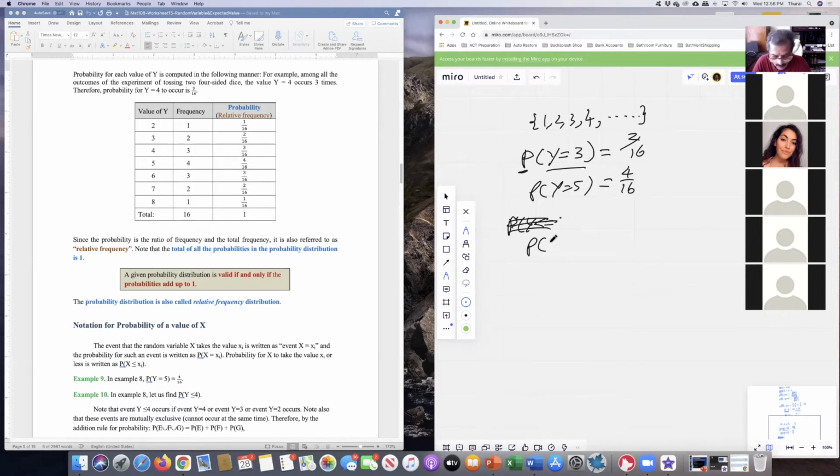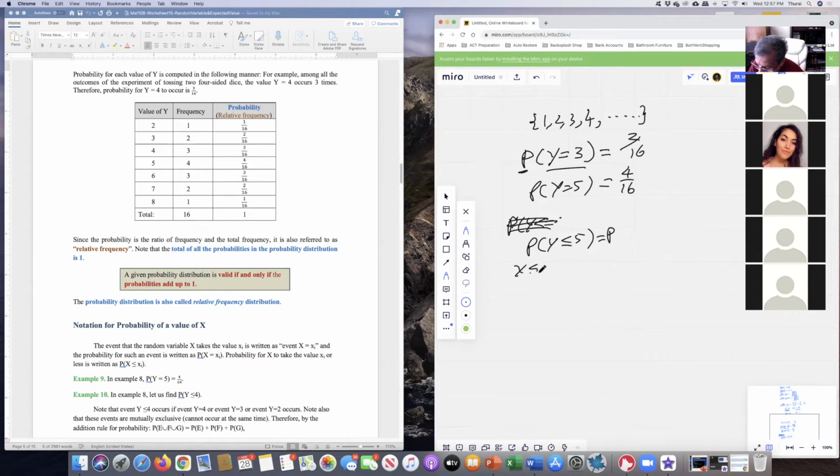Probability for y less than or equal to 5 is, okay, if y is to be less than or equal to 5, it means y has to be equal to 1 or 2 or 3 or 4, or 5. So that means what?